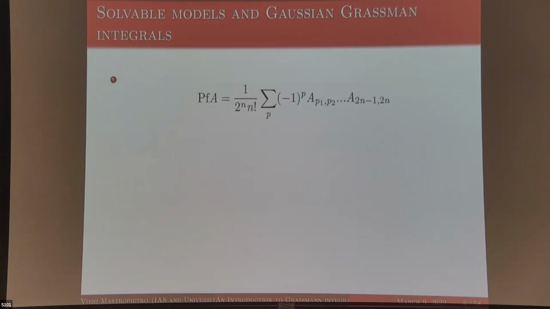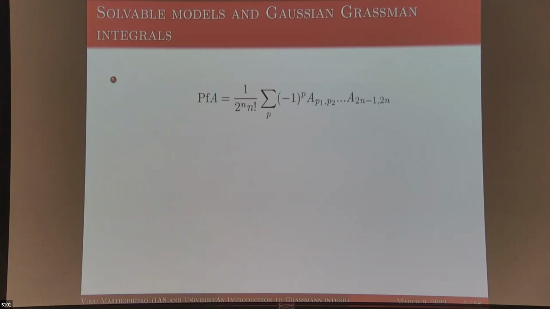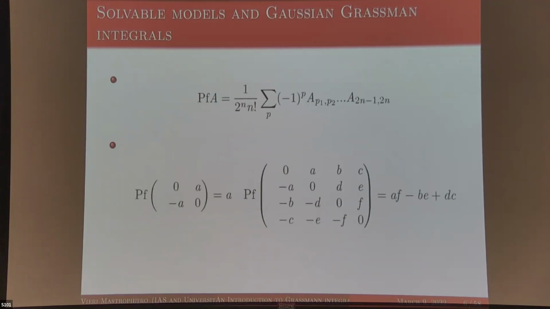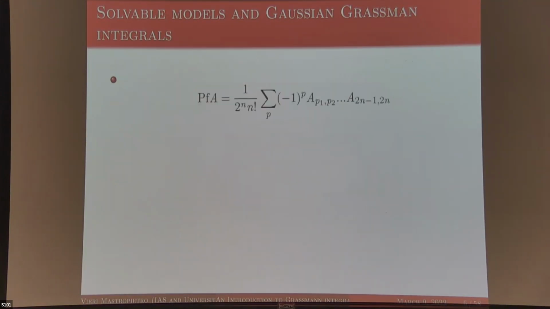I repeat, you have an antisymmetric matrix here. You expand, you use this rule, you use the antisymmetry, and then immediately you get this relation. Yes, it's anti-commutative, in fact, because you need these signs.